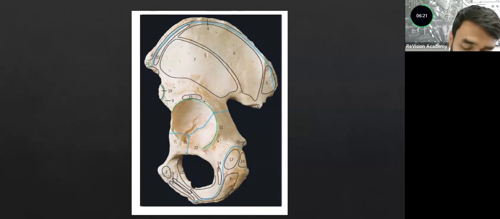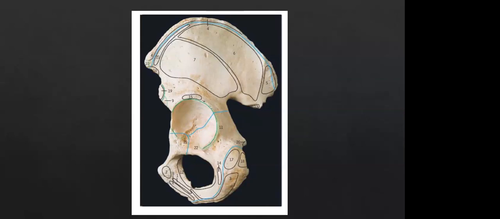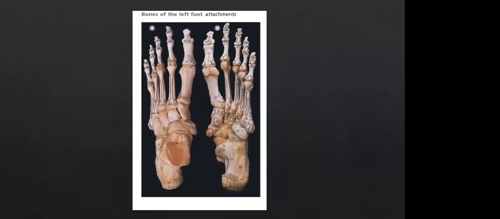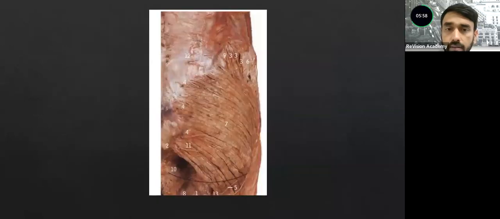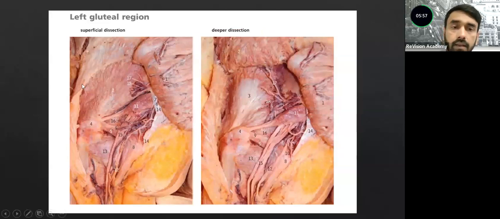What does the iliotibial tract attach to? It goes from the iliac tubercle and inserts laterally on the lateral condyle of the tibia. Can you identify number 1 from this picture?